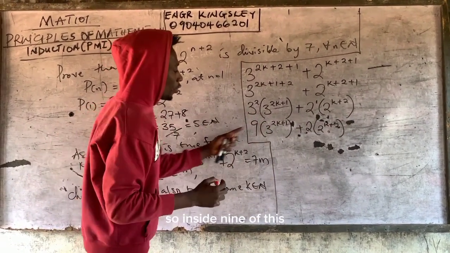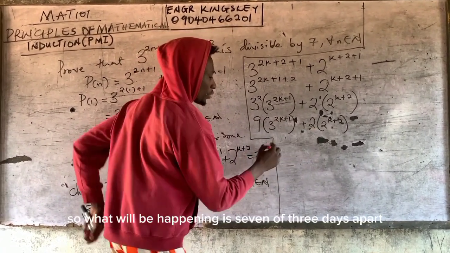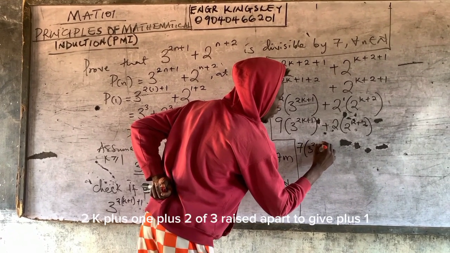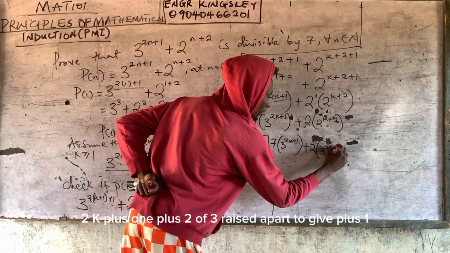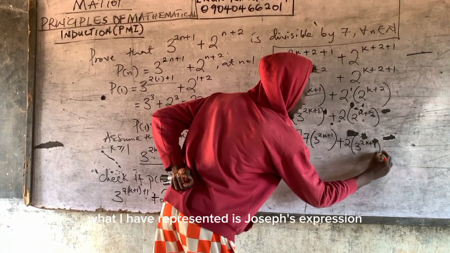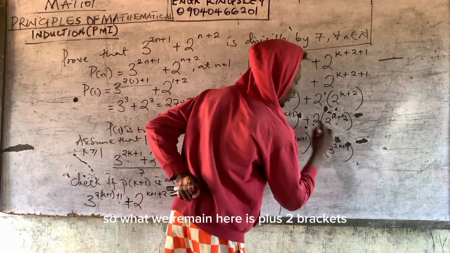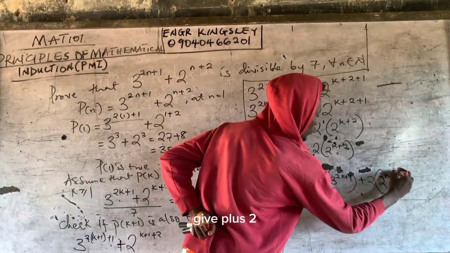Inside the 9, we can get 2 of this out. So we'll be having 7 of 3 raised to the power 2k plus 1 plus 2 of 3 raised to the power 2k plus 1. What I have represented is just this expression that is here, just to factorize. So what will be remaining here is plus 2 brackets 2 raised to the power k plus 2.